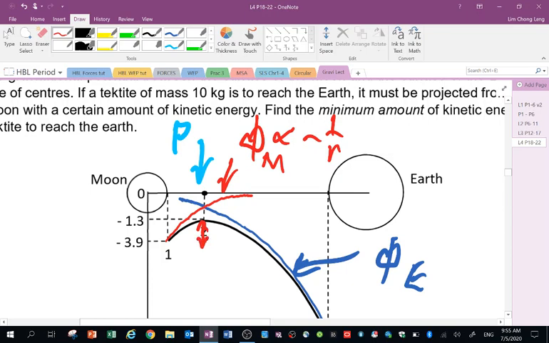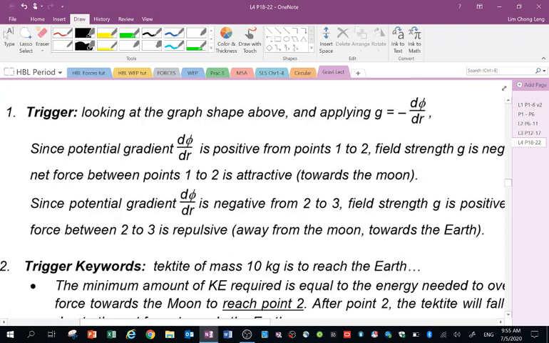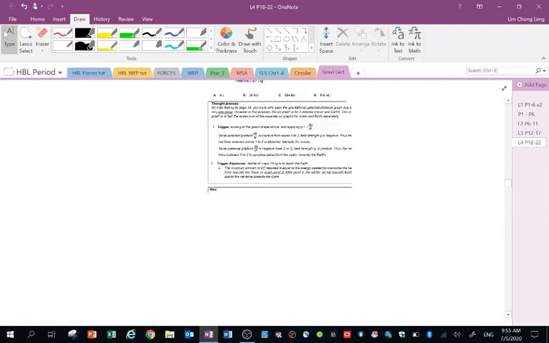So if I'm able to move the body from 1 to 2, it means that I have to supply enough kinetic energy to overcome the potential energy between 1 and 2. Okay, so that is why I write the equation like this. Look at the equation that I write.